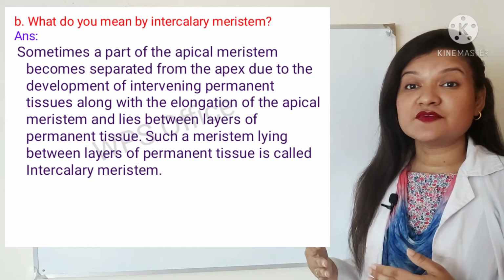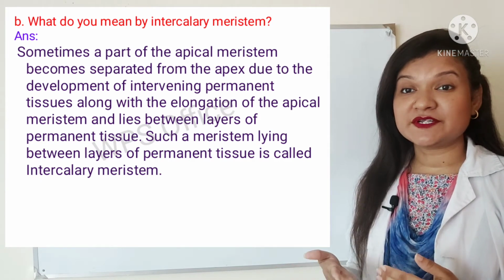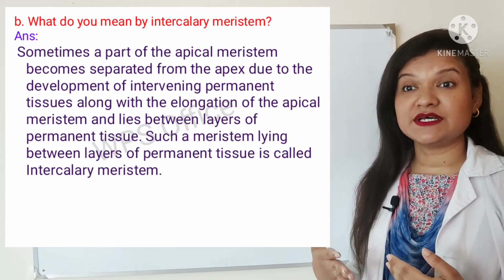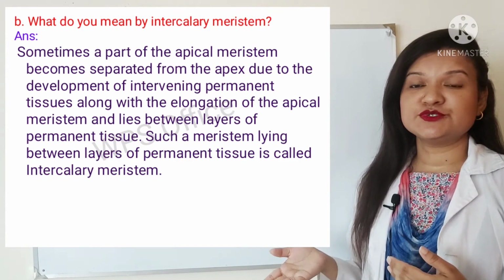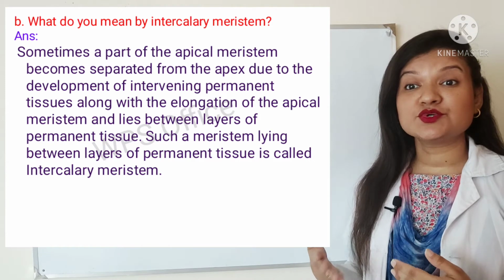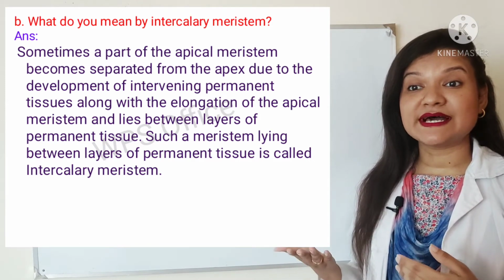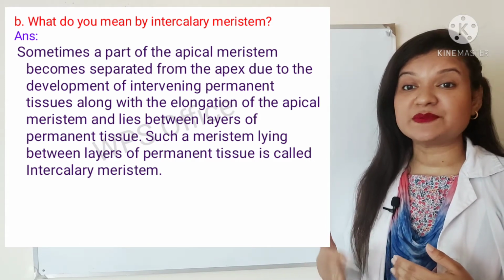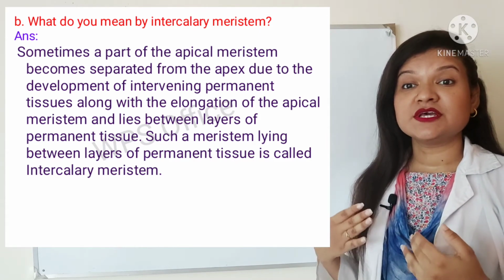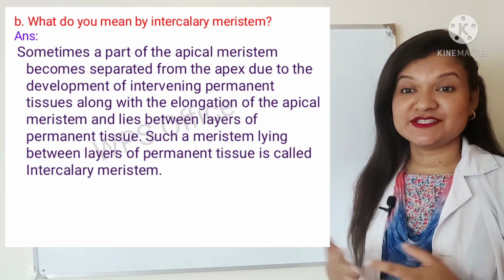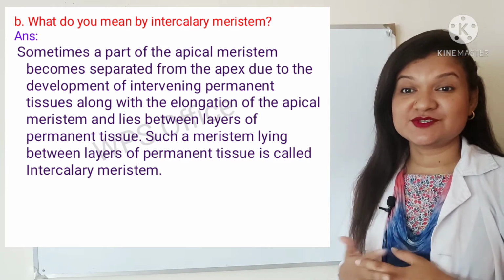Sometimes a part of the apical meristem becomes separated from the apex due to the development of intervening permanent tissues along with the elongation of the apical meristem and lies between layers of permanent tissue. Such a meristem lying between layers of permanent tissue is called intercalary meristem.